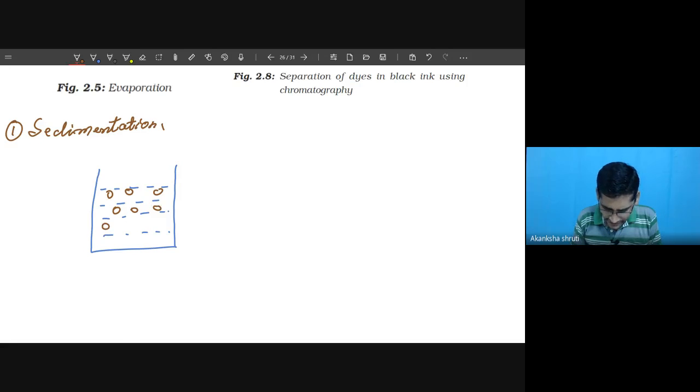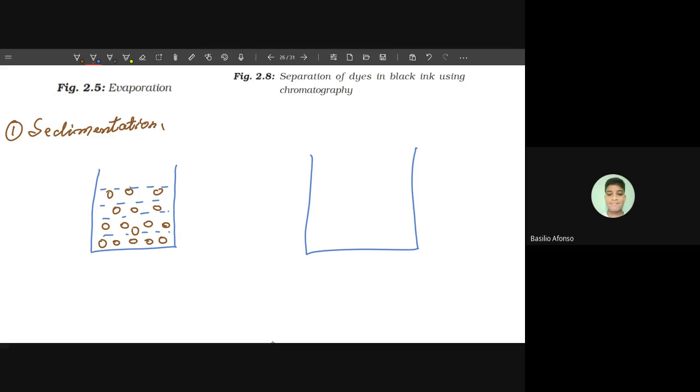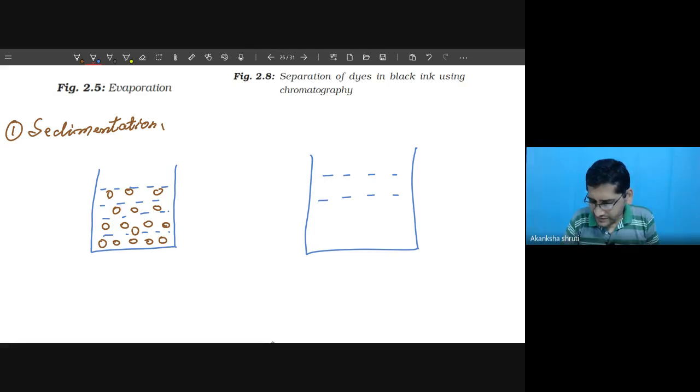Then you will observe that the heavier particles, even though they are uniformly distributed initially, if you leave them for a longer time, get settled at the bottom. All these heavy particles will be at the bottom.